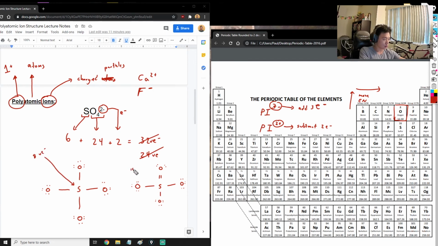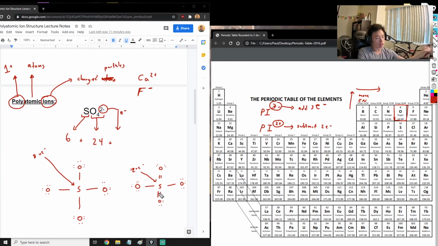Here we have sulfur with 10 valence electrons. So this is another way you can do it. But another way is to create another double bond between sulfur and another oxygen to give it 12 valence electrons.